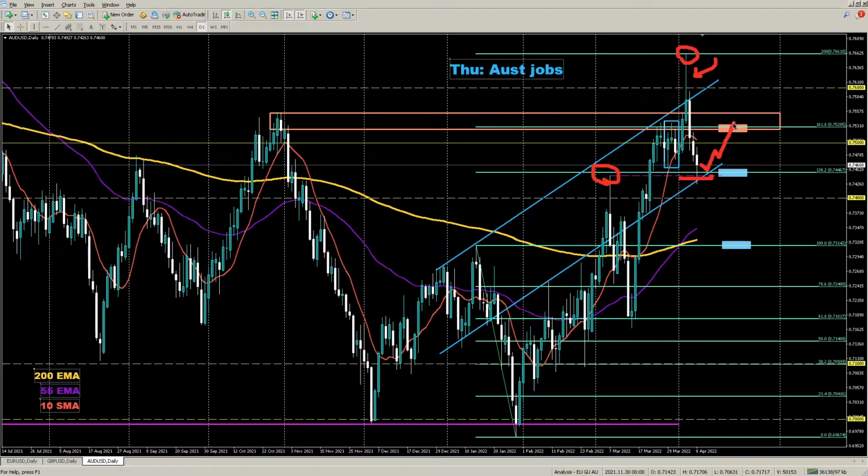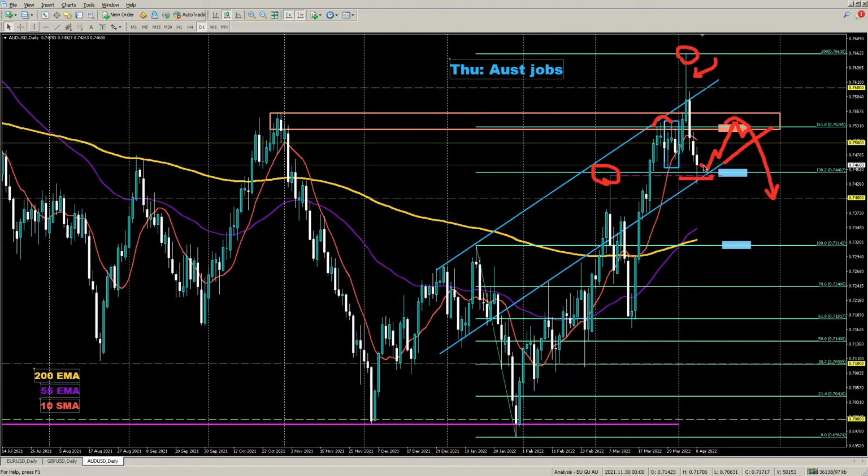And if it does break into this zone, watch out for a rejection and continuation lower. So below this and a breakdown of this channel. And this could be a potential head and shoulders here. But we'll see what happens next week.